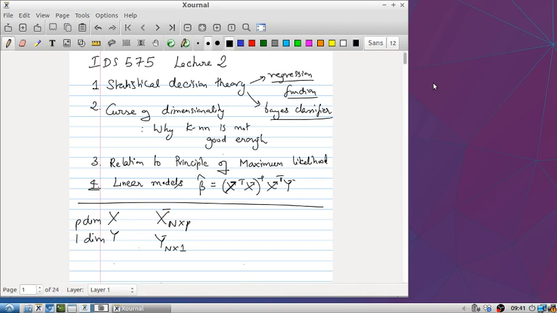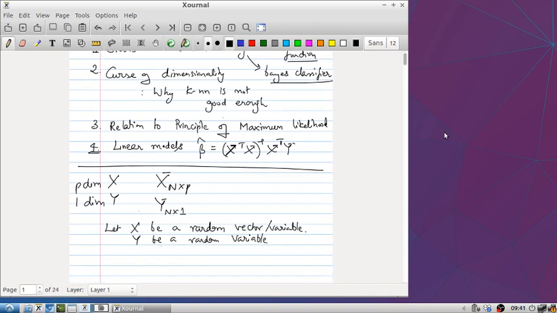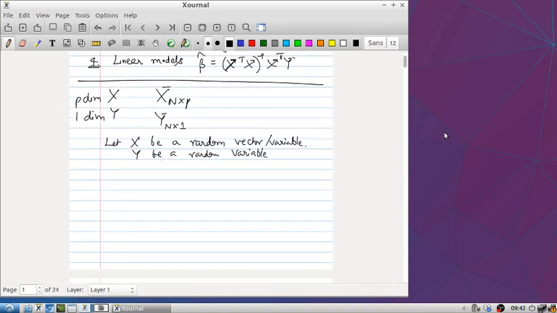Now I'm going to say let x be a random vector, and let y also be a random variable.